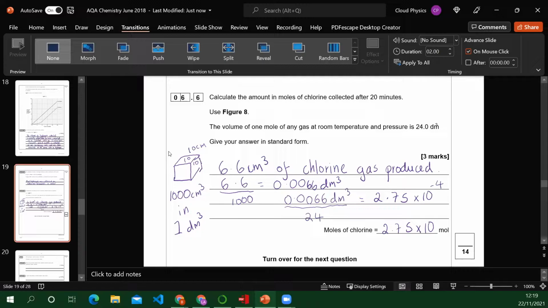It's all about conversions, that one. It looks like it's going to be a lot more complicated than that, but it's getting used to the conversions between centimetre cubed and decimeter cubed, and we're told the volume of gas.